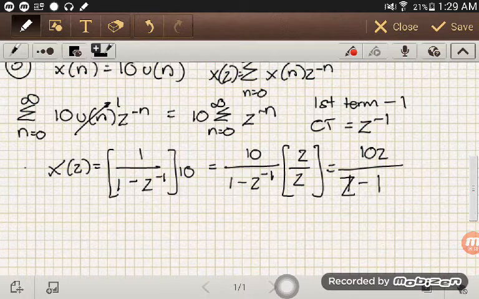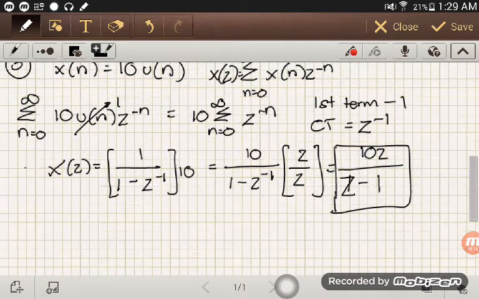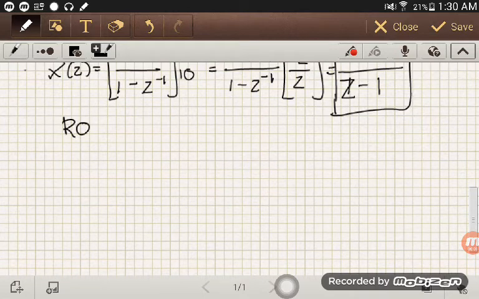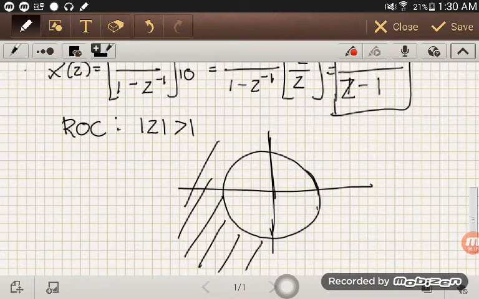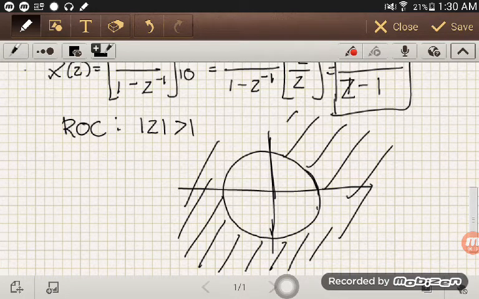Since it's a right-side transform, the absolute value of z is greater than 1. So if I'm going to plot it, this is 1, and this is your ROC. Any questions?